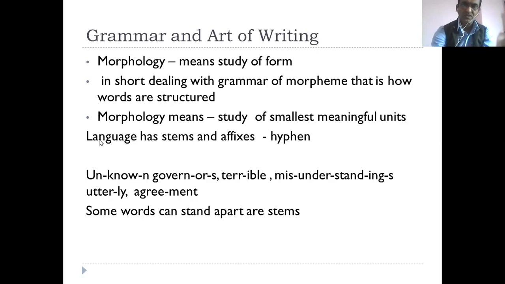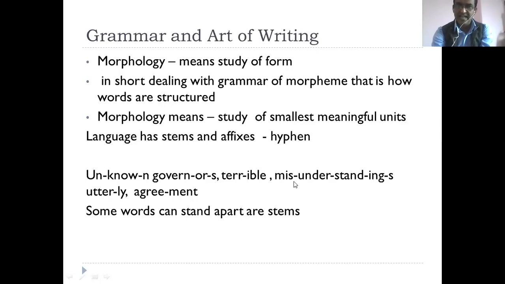agreement. In these words, un is added before the stem know. Hyphen n is also added after the word know. In govern, we have or added after the stem govern, and s is added after or. In the word terrible, we have terror as a stem and ible as the affix.